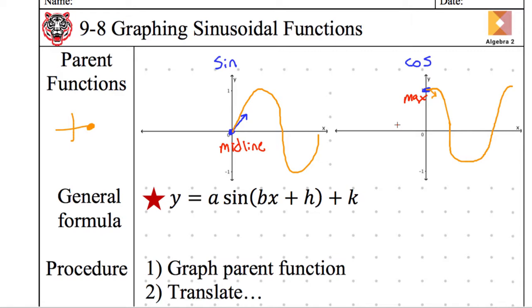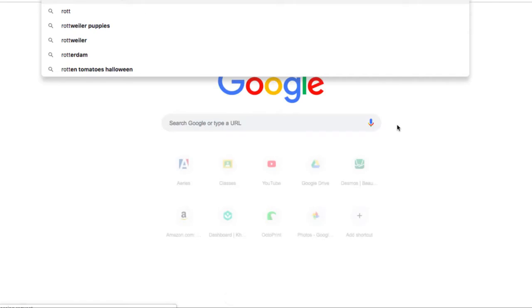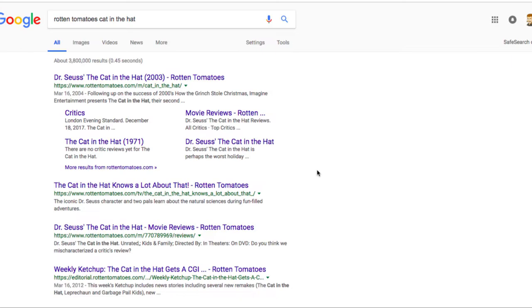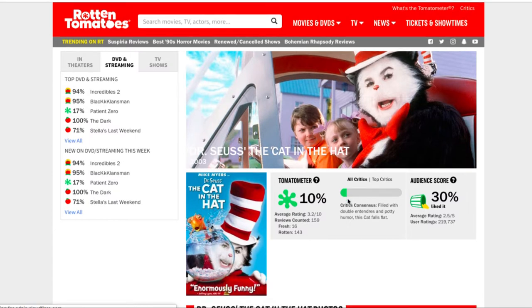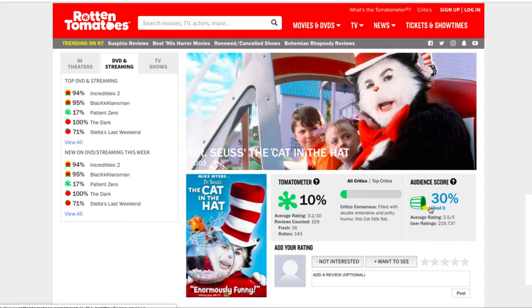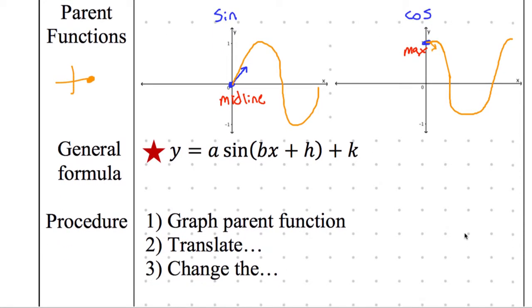Since we're on this tangent, Rotten Tomatoes, Dr. Seuss's Cat in the Hat. It is considered rotten. It is 10% by critics, 30% by audience. Even most people didn't like it. Anyway, that was a good tangent.